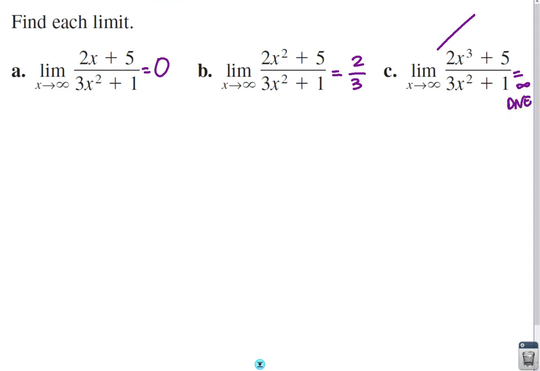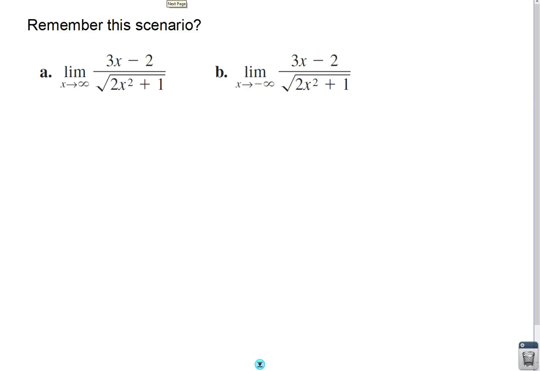Okay. Moving along. Oh, what about this? We have a limit to infinity, but we have a radical in the denominator. Oh, we do on both of these. Now, these are a little bit tricky here. So this is the square root of x squared.